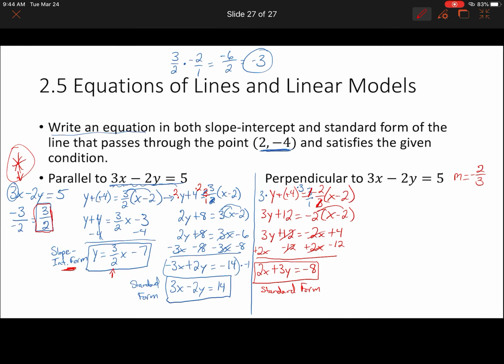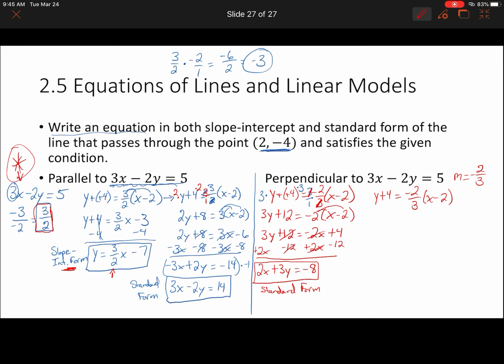So that's the first part of that one. And now the second part of that is to write that equation in slope-intercept form. And so what I'm going to do is just use that same equation. So it's y plus 4 equals negative 2/3 times x minus 2.